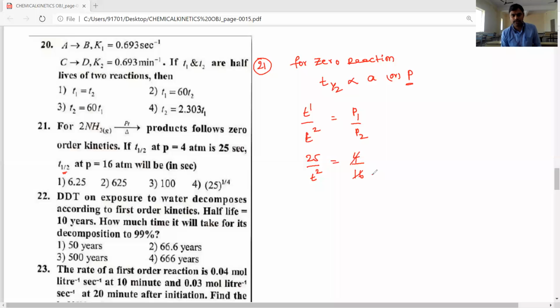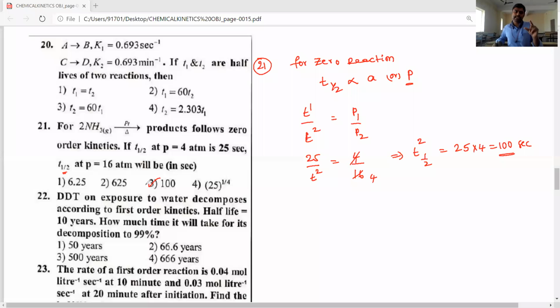It will cancel 4 times. Then the second half-life period T2 is equal to 25 into 4, which is 100 seconds. So the answer is the third option.